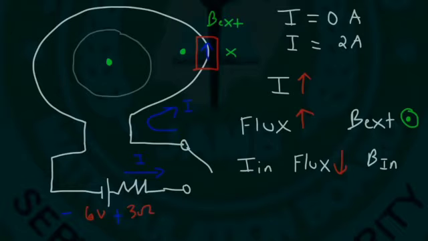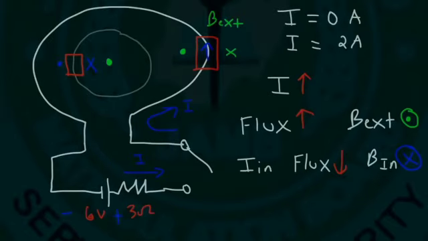Now, because the induced current wants to oppose the increase in flux, the external magnetic field and the induced magnetic field will be in opposite directions. So the induced magnetic field will be going into the page at the center of the loop. So I'm going to represent that in blue. So let's focus on this segment of the wire. At the center, which is to the right of that segment, it's going into the page, which means to the left, it must be going out of the page.